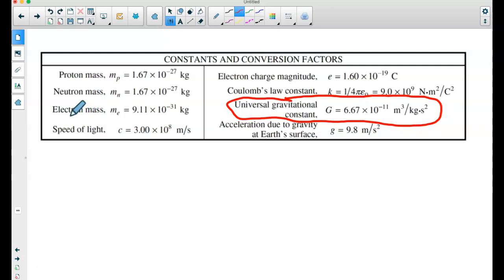No matter where you go, no matter what objects you're dealing with, G always has this same number. It tends to get written as a capital G instead of this big long 6.67 times 10 to the negative 11th meters cubed over kilograms per second squared, because just a capital G is easier to deal with. So it looks like a variable, but it's a variable that always has the same number to it.